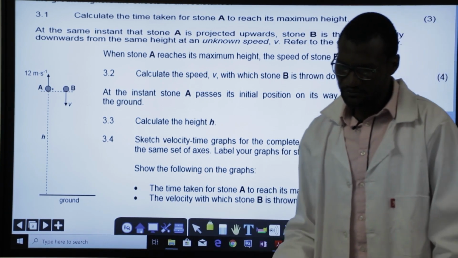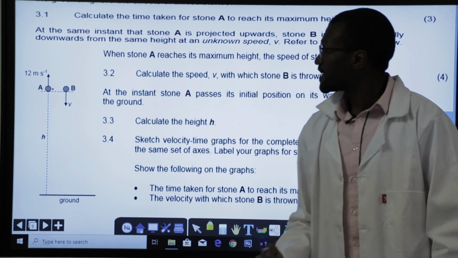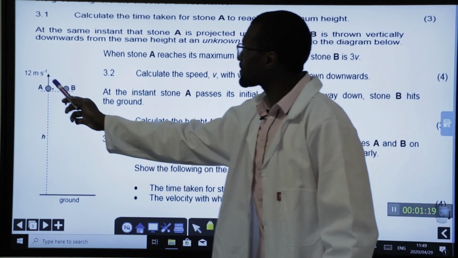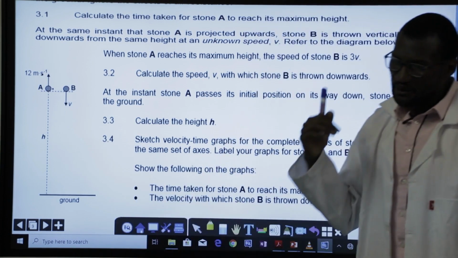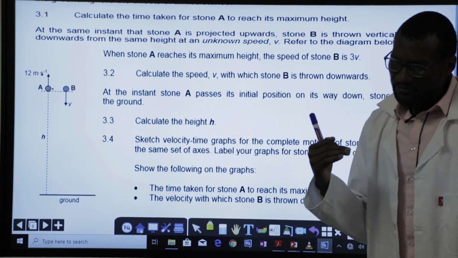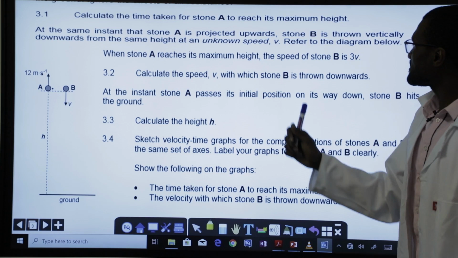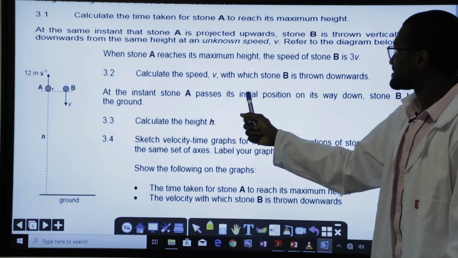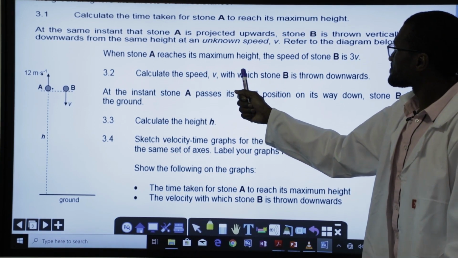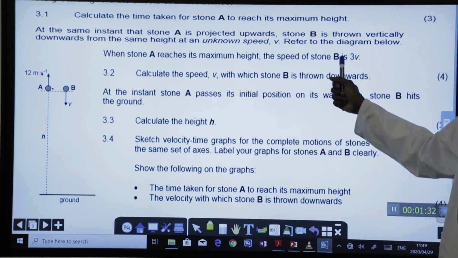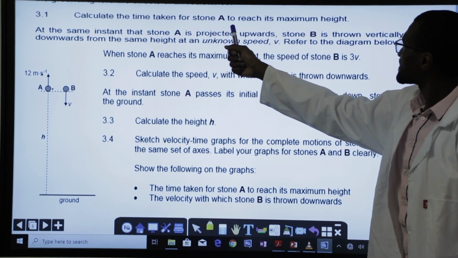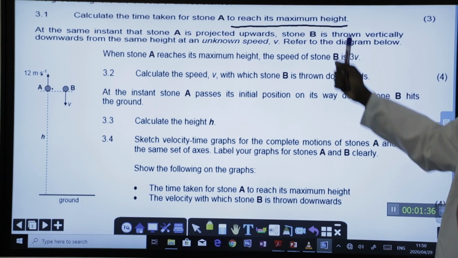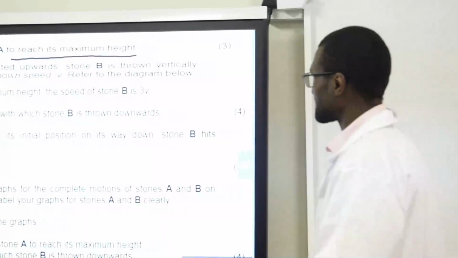Ignore the effects of friction. The question then asks us to calculate the time taken to reach the maximum height.